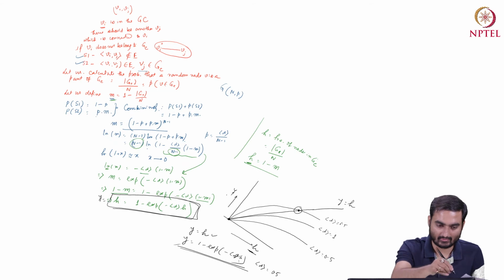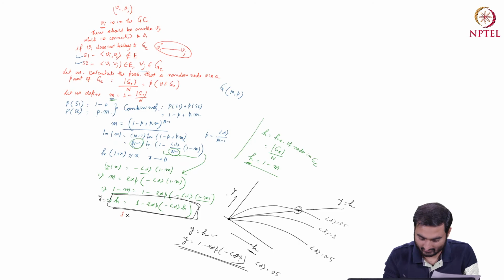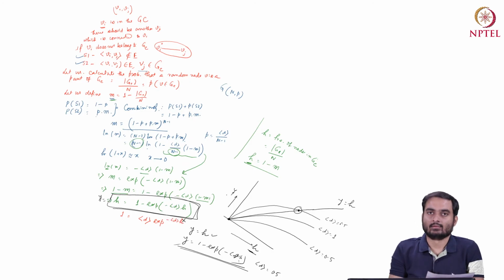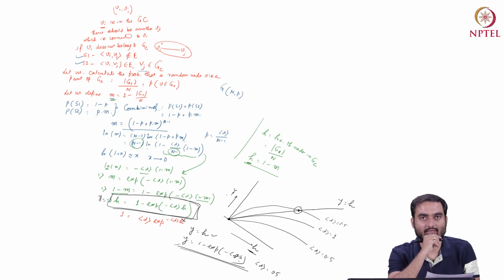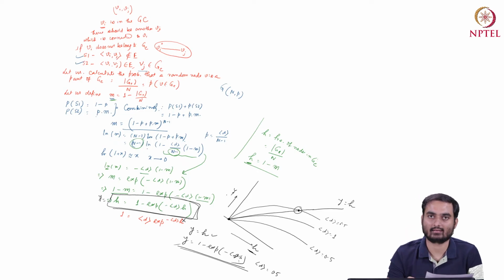I take the derivative with respect to h. What I will get is 1 here, and I will get an exponential term, minus. This is the gradient, the derivative with respect to h.